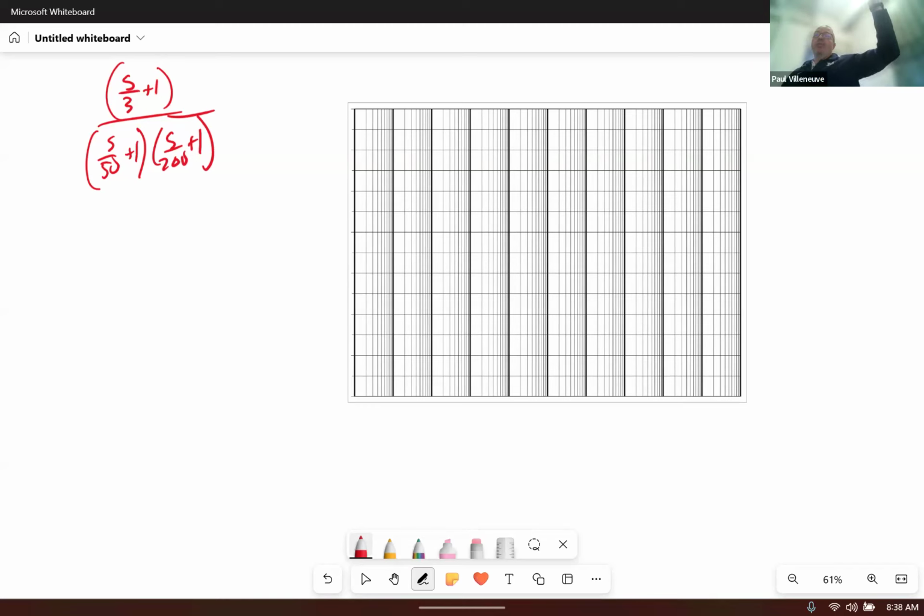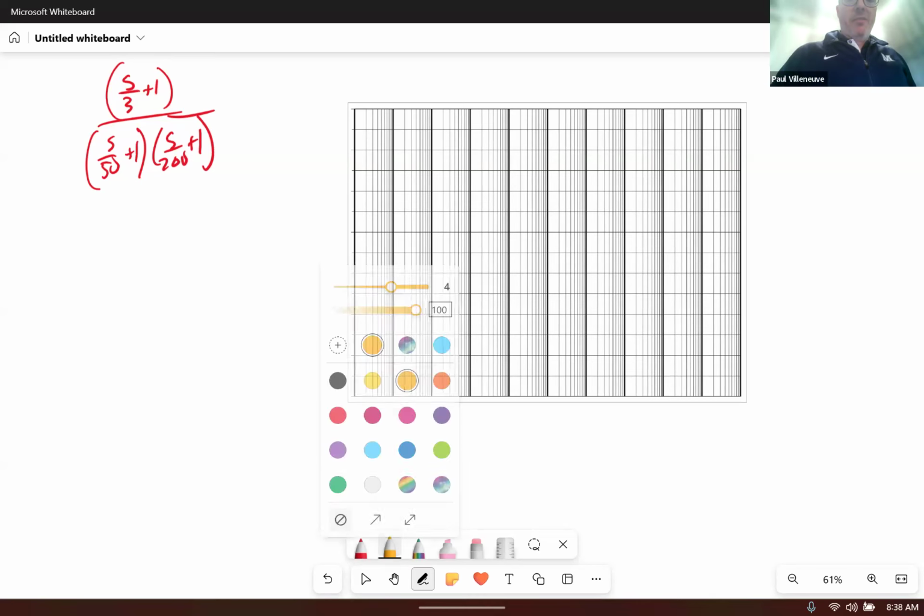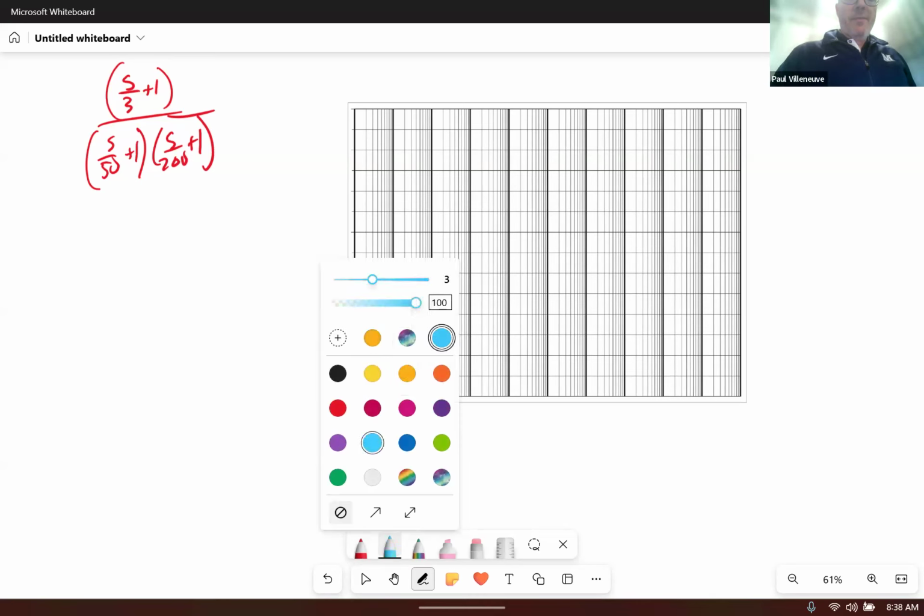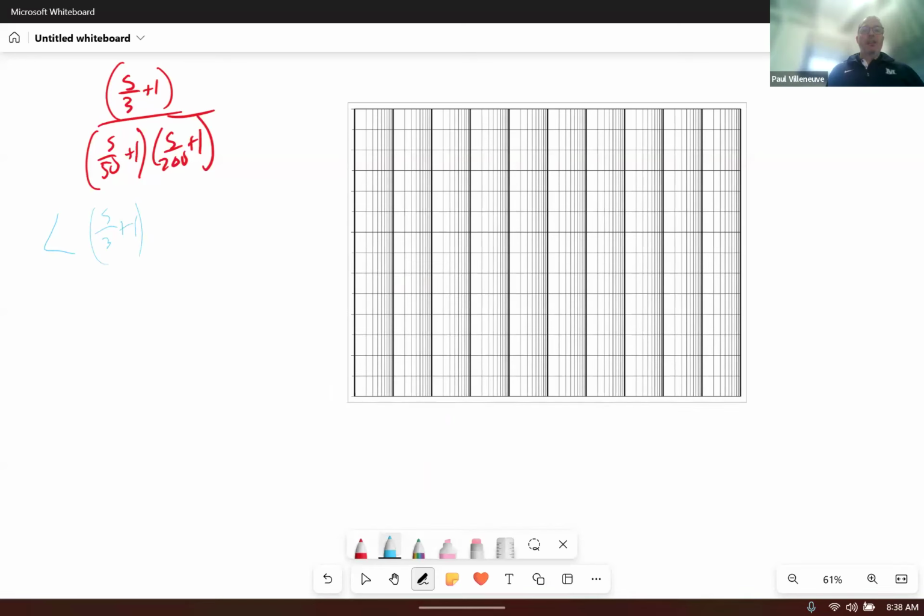It's a real number, so there is no phase shift associated with it. So the color scheme we had baby blue, I think was our first one. And let's make that down to 1. So I want the angle or phase associated with S/3 plus 1. So scale factor does nothing.